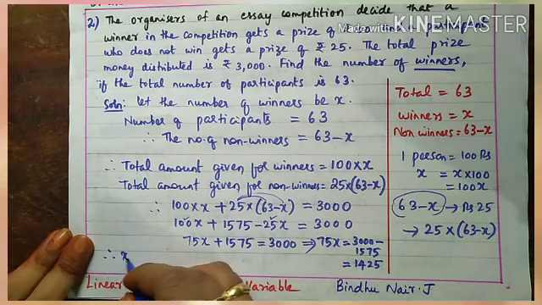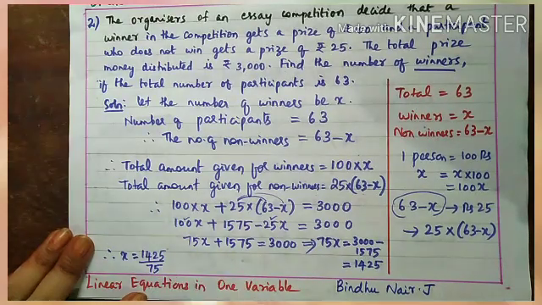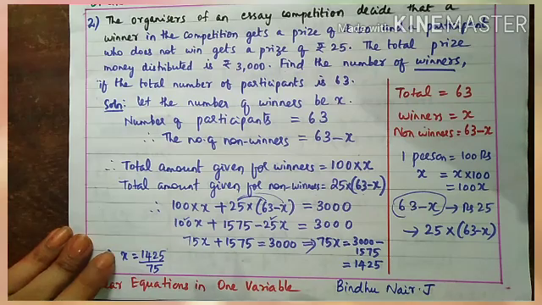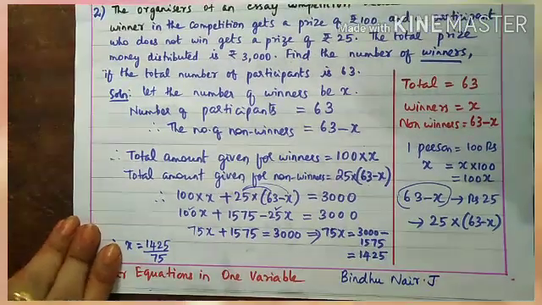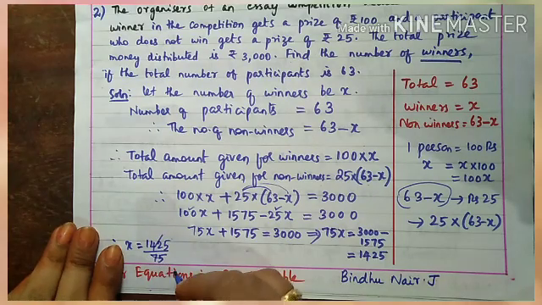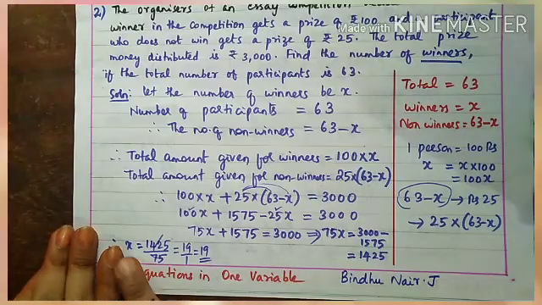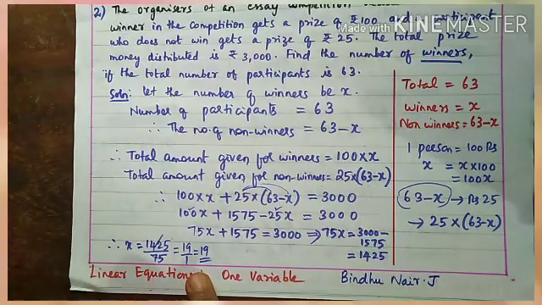Therefore x equals 1425 by 75. Transposing, it becomes division. Now you divide this, reduce this by the 5 table, you will get 19 by 1, that is 19 is your answer. So thus we are getting the value of x as 19.